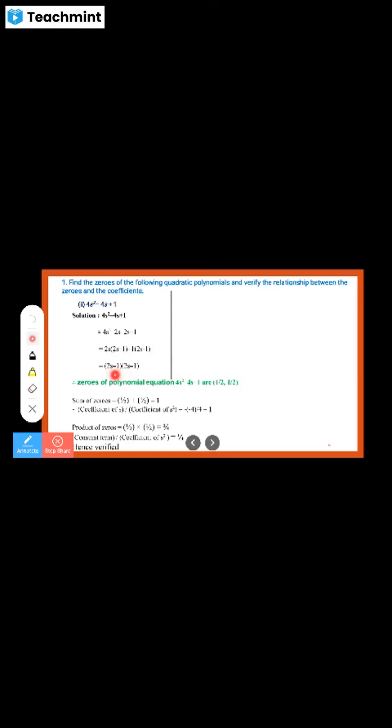If you equate to zero, 2s minus 1 equal to 0, so 2s is equal to 1, so s is equal to 1 by 2. Like that, you will get both the terms. Okay. Next.